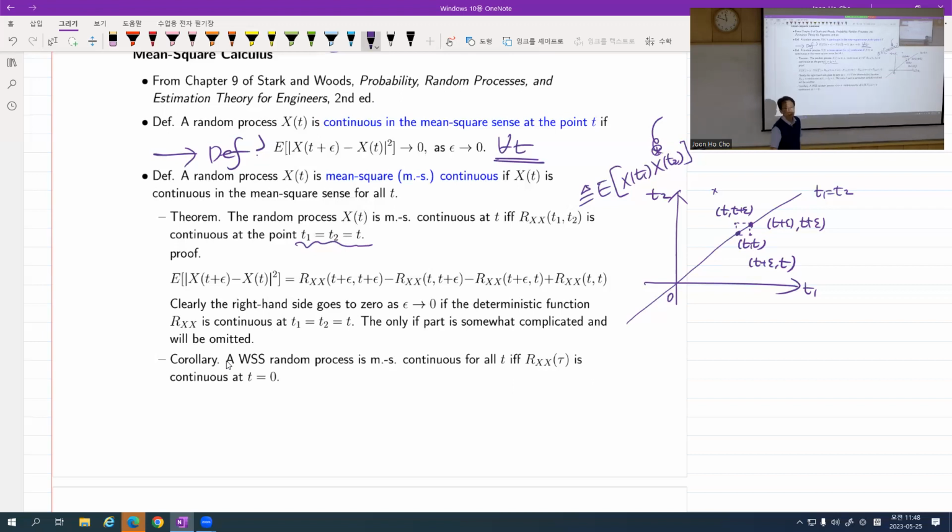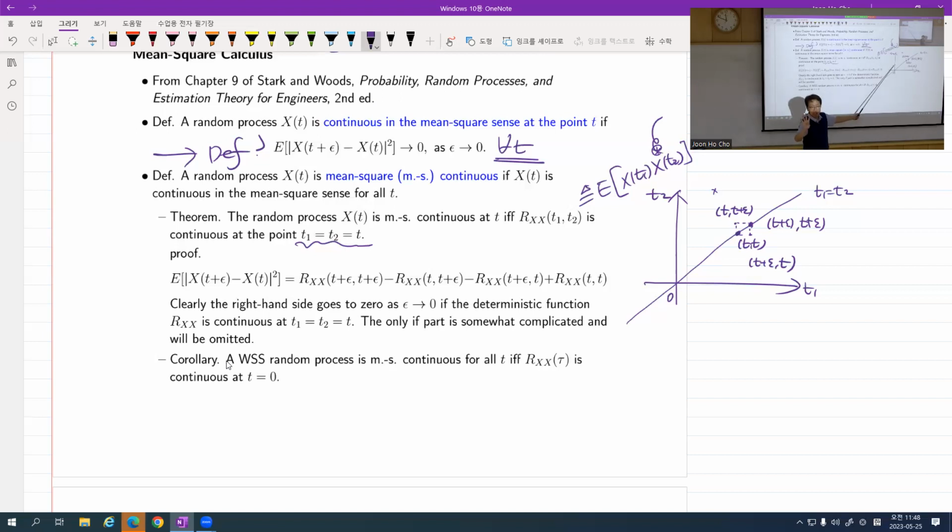Of course, the converse is a little bit hard to prove, but usually we use proof by contradiction or contraposition, so we can prove that. Got it? So the idea is this one. Mean square continuity written using expectation can be visualized in this figure with 4 points.